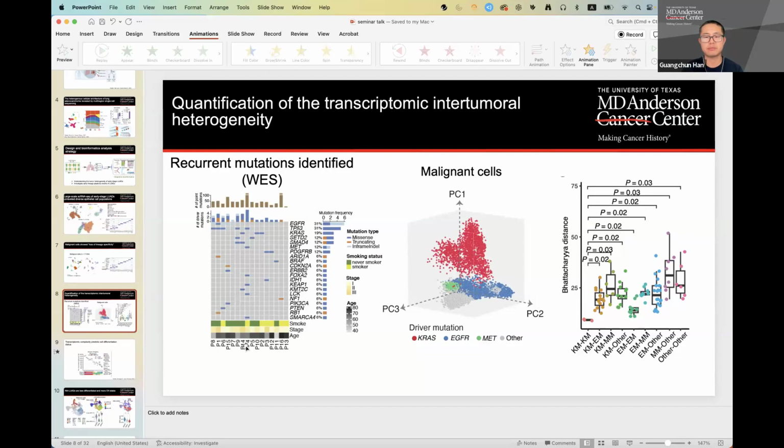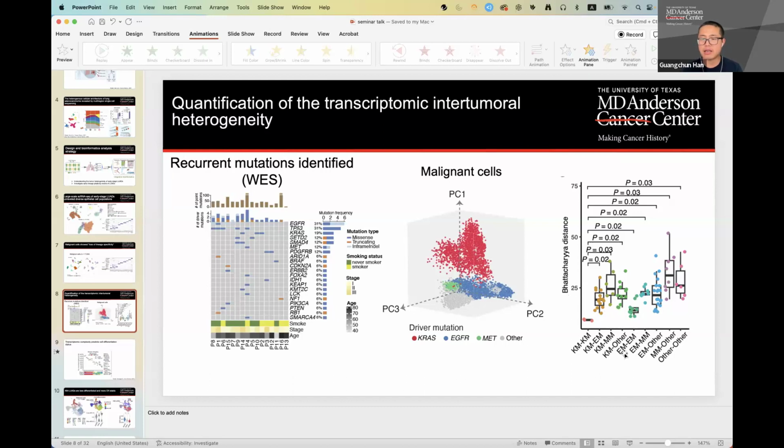That's why we didn't put a very strong statement on that. But for example, we do compare their malignant cell transcriptome features. Here in this Bray-Curtis distance analysis, which is trying to characterize the transcriptomic heterogeneity or diversity of malignant cells, we saw this EM, I'm sorry, not EM, the MM, which means MET mutation.